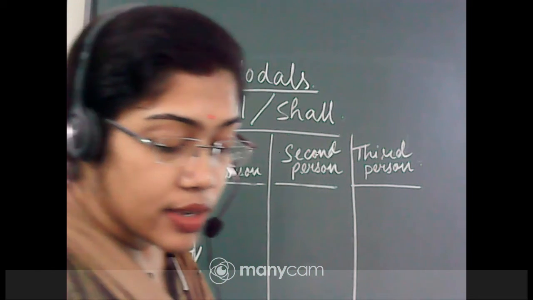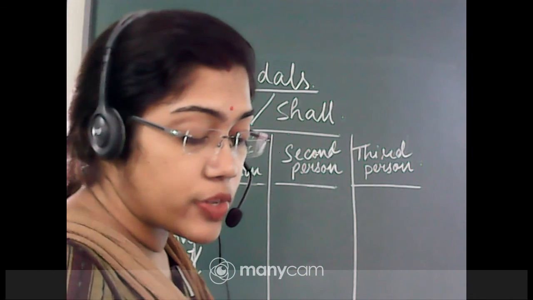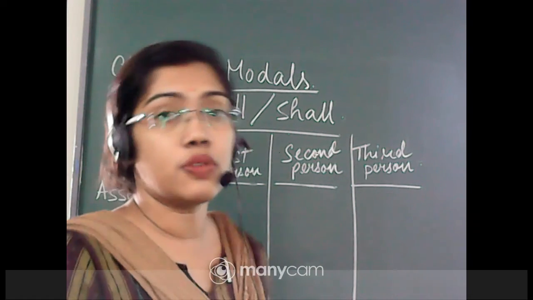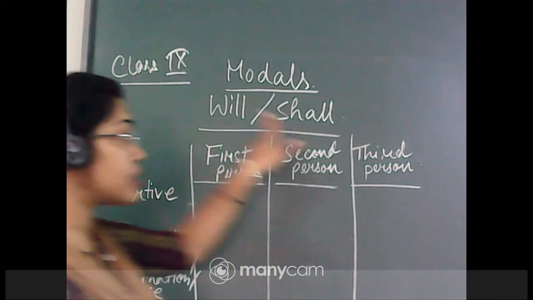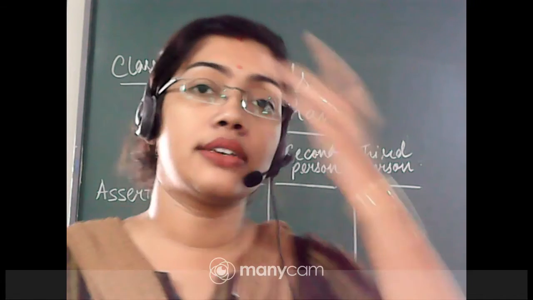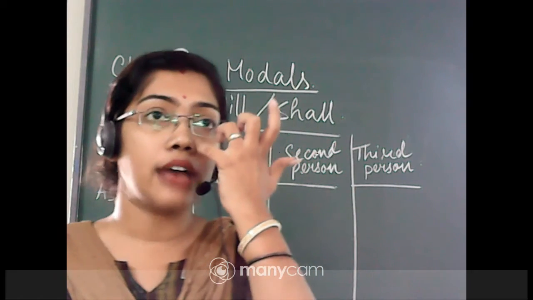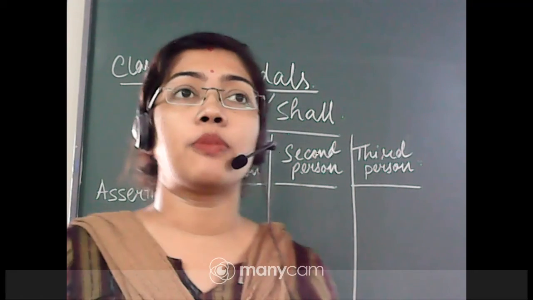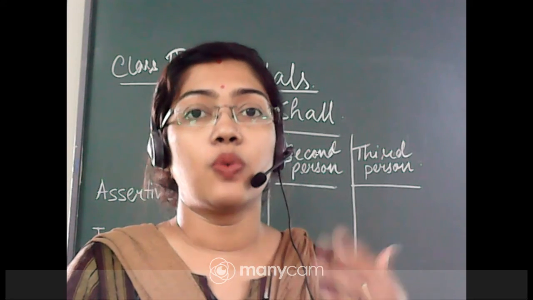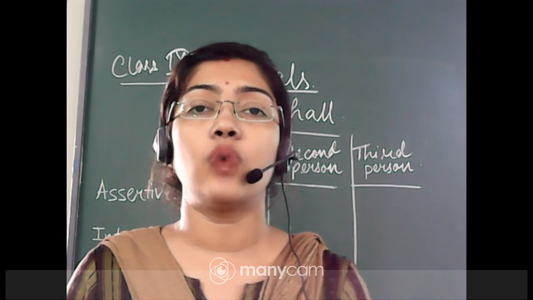Okay. So in today's class we will be understanding the difference between the use of these two words, that is will and shall, because when you were learning about the tenses, many of you asked me, ma'am, normally shall is used with I and we, whereas will is used with he, you and all.